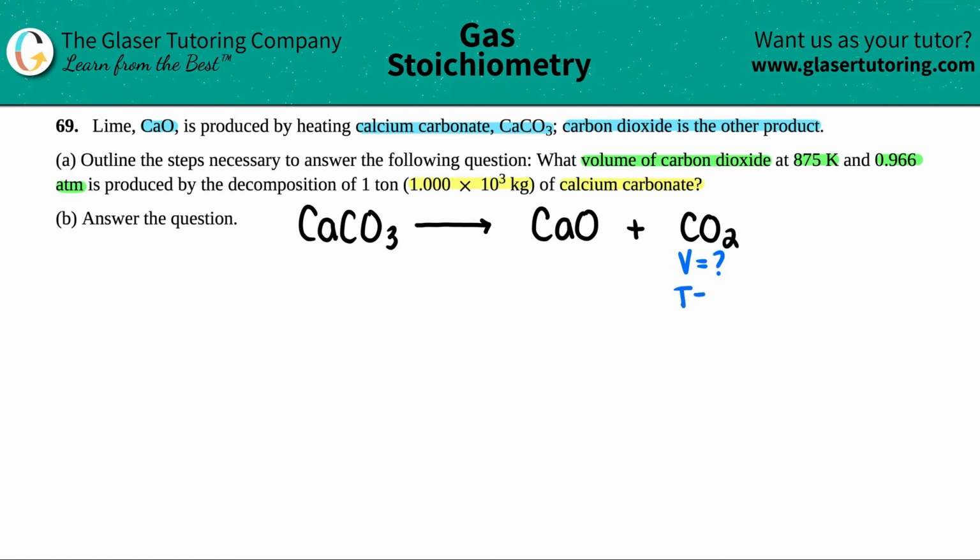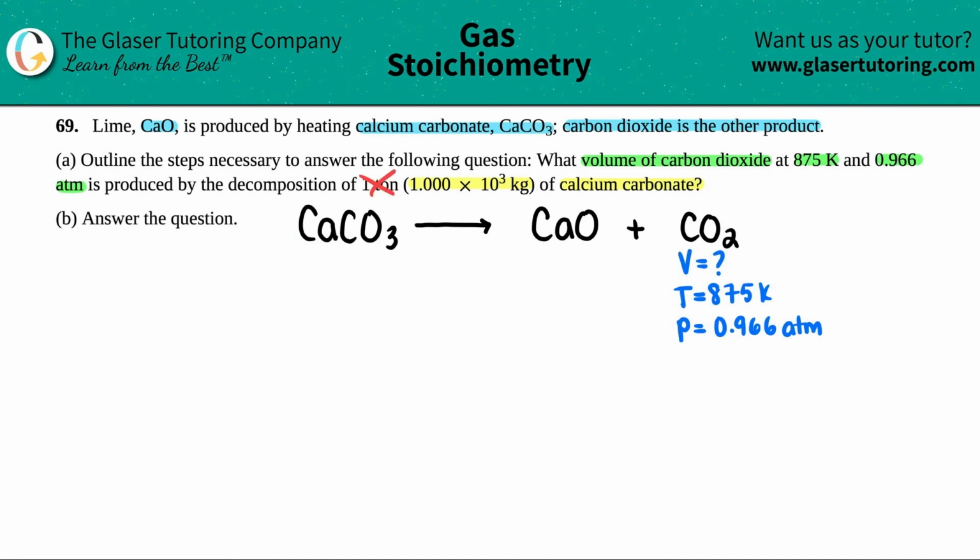So I'm going to list that under the carbon dioxide, 875 Kelvin. And at this pressure. Remember, atm is a pressure value. So that's also going under the CO2. They all go together. 0.966 atm. And then they tell us that we're decomposing the 1 times 10 to the 3rd kilograms of calcium carbonate, which is this one. So I have information here.